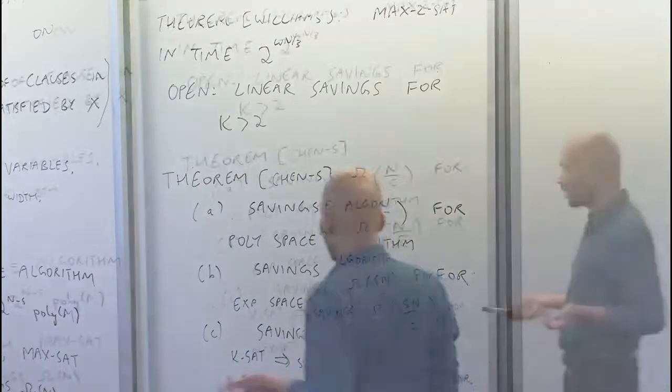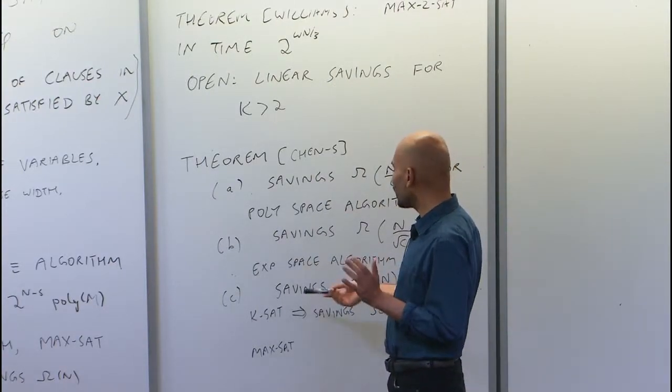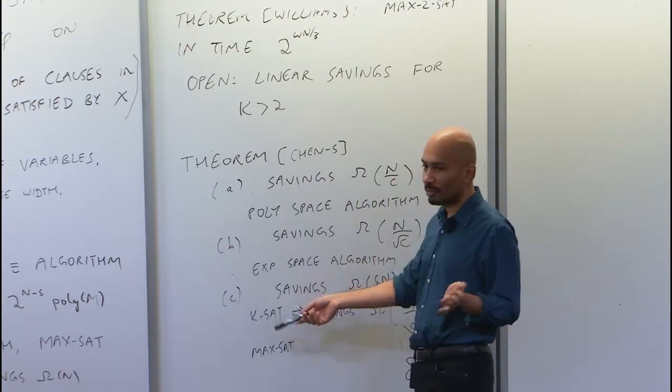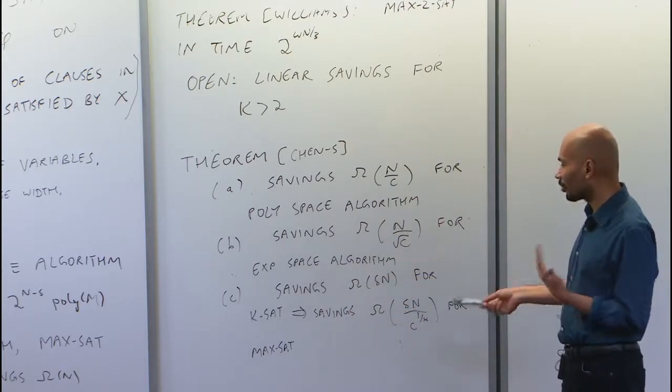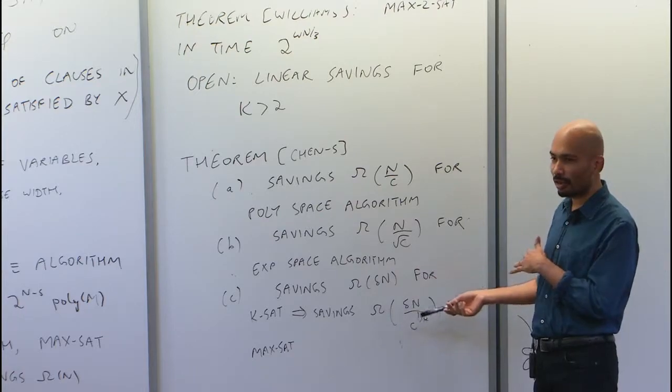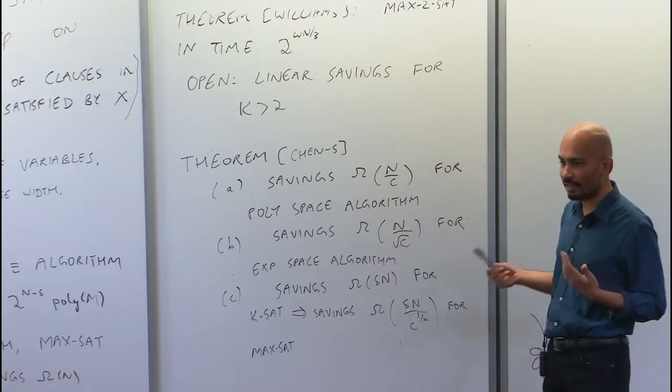Okay, so delta is some kind of linear savings for k-sat, but this delta might, of course, depend on k. So the omega here is a factor which doesn't depend on k. And I'm trying to capture the savings that you get for max-sat as a function of that delta and c and k.